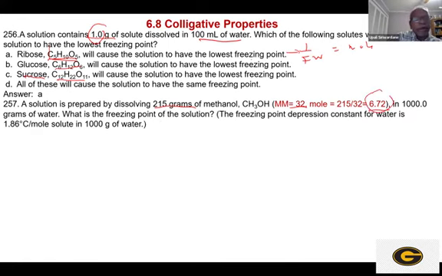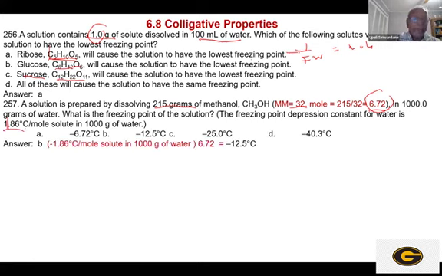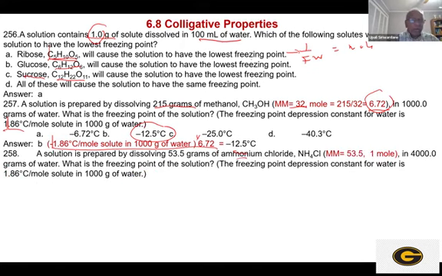Therefore, that multiplied by this gives 12.5. So the answer is B. We talked about the freezing point depression constant. That's a negative answer.